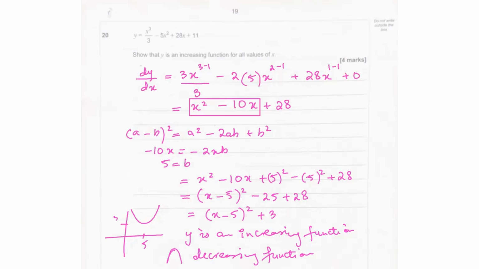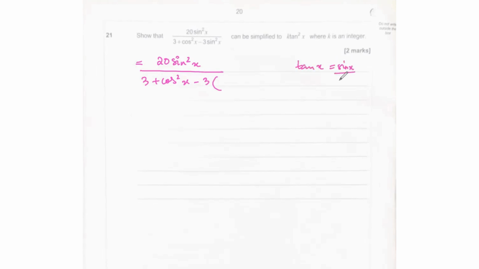So that's your answer. Next says: show that 20 sine squared x over 3 plus cos squared x minus 3 sine squared x can be simplified to k times tan squared x where k is an integer. So 20 sine squared x over 3 plus cos squared x minus 3. I'm going to rewrite the sine squared x as cos squared x because tan is sine over cos. So I want cos in the denominator and sine in the numerator.